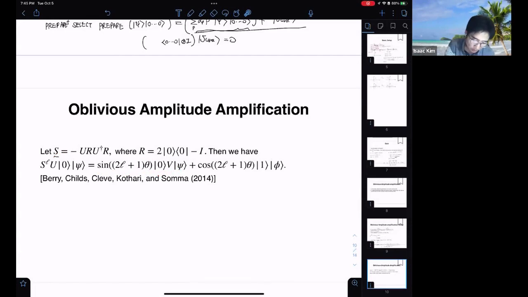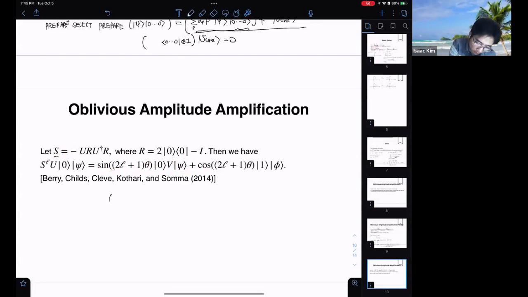So if you don't apply anything, you're in this original state, sine theta applied to this V psi, but if you apply this L times, you can increase this angle.